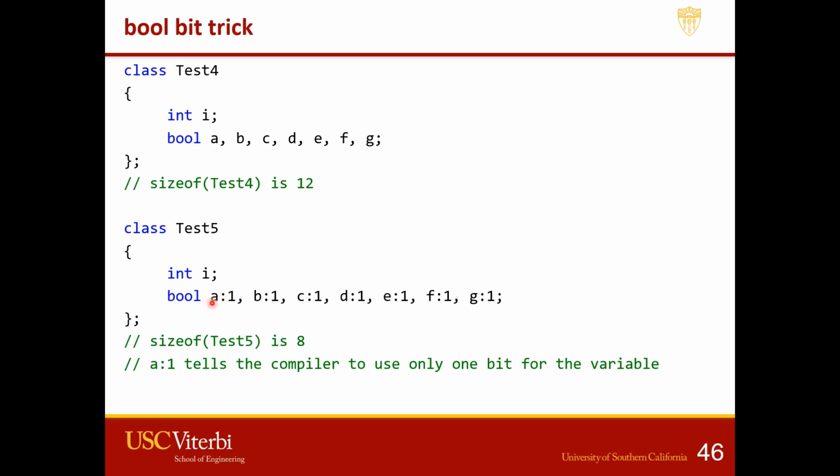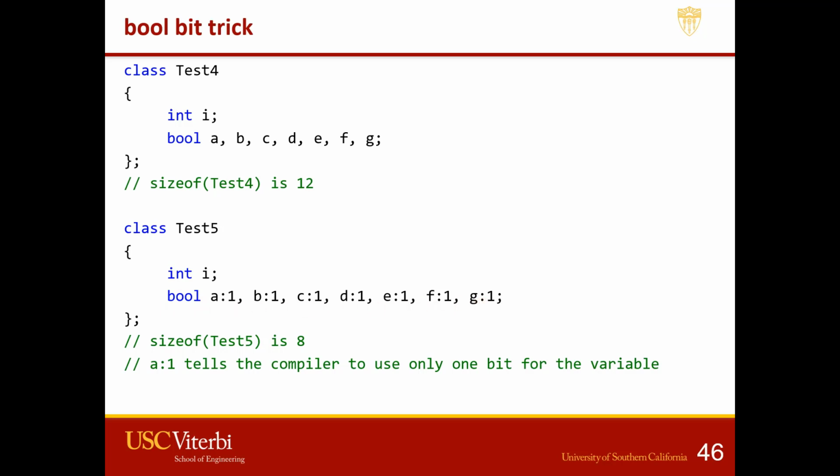Okay, instead I use this colon thing. If I say A is a bool colon 1, I said I want a 1-bit bool for that. And I can then pack a bunch of other bits together into that same byte. So I have 1, 2, 3, 4, 5, 6, 7 bits used, and then I'll need one more bit to fill out the 8-bit bool.